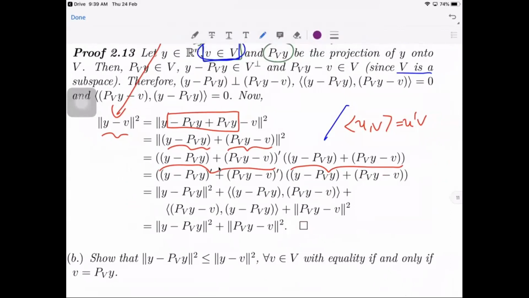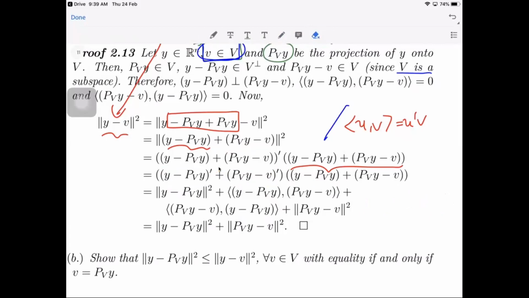Again, A plus B prime is A prime plus B prime. So okay na ta diha.